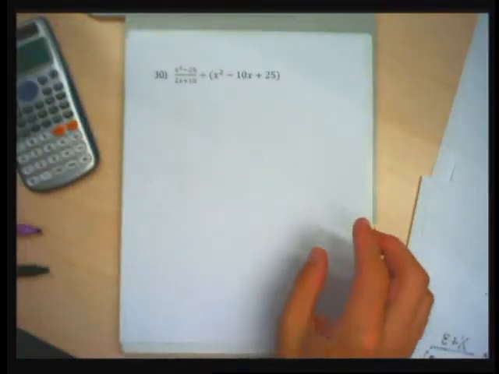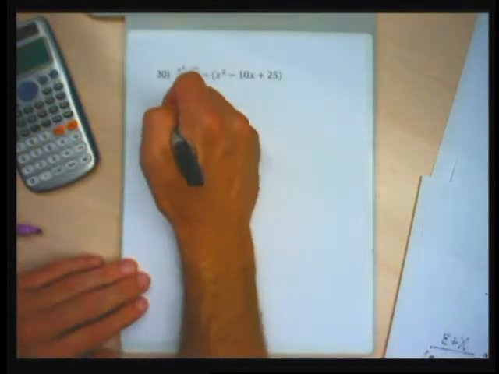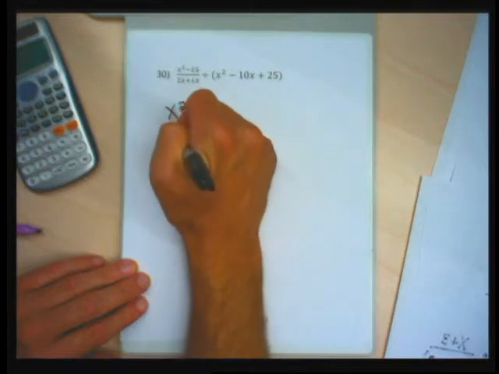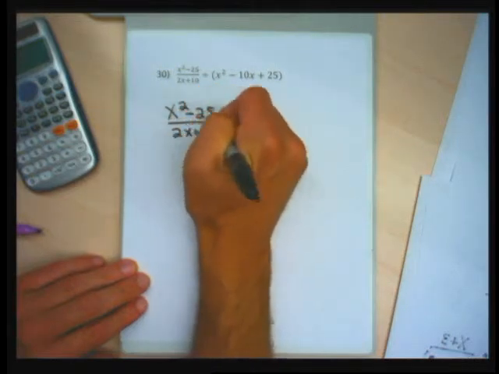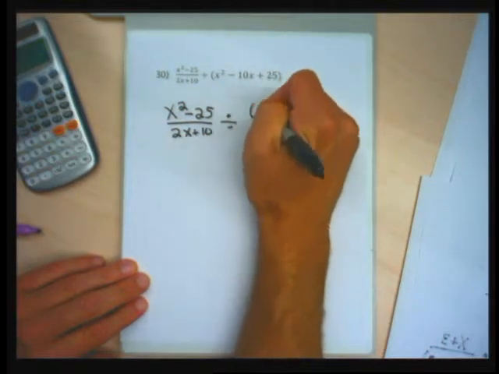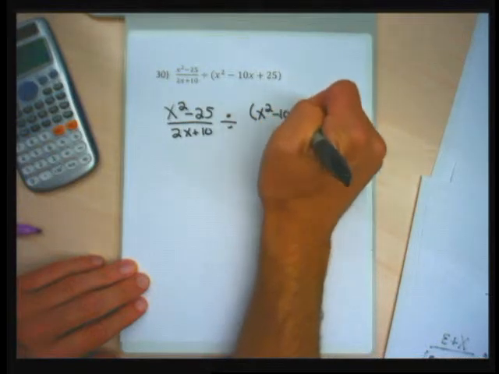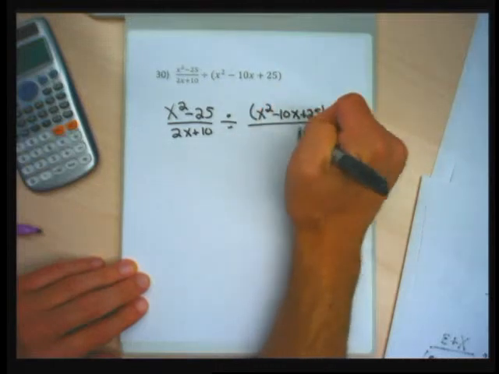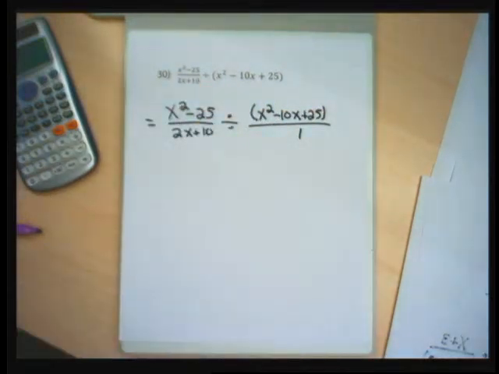30. This is a little bit harder. I like having fractions on either side of my sign. So for this problem, it's not a fraction divided by a fraction, and that might mess me up. So I can write the x squared minus 10x plus 25 as a fraction by writing it over 1.